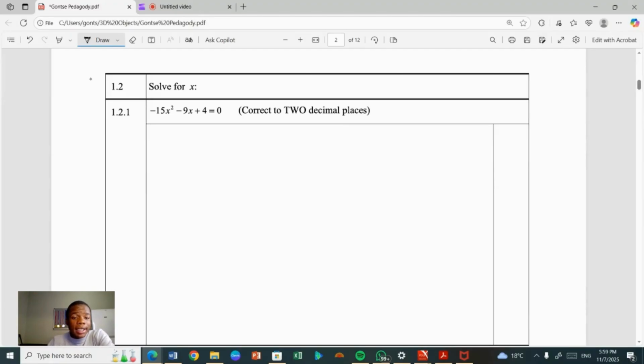But we can see that if we try to find the factors, we won't get them. So we introduce what we call the quadratic formula, which is x is equal to negative b plus or minus square root of b squared minus 4ac, over 2a, right? Then your a is equal to negative 15, b is equal to negative 9, and c is equal to 4.